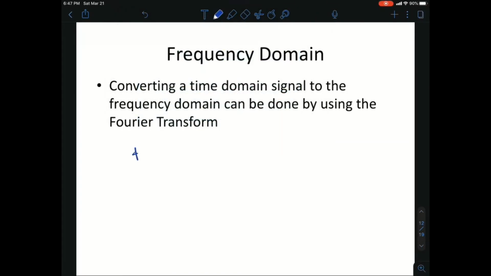We have f hat of psi, and that's going to equal the integral from negative infinity to infinity of f sub x, our time dependent signal, times e to the negative 2 pi i x psi dx.